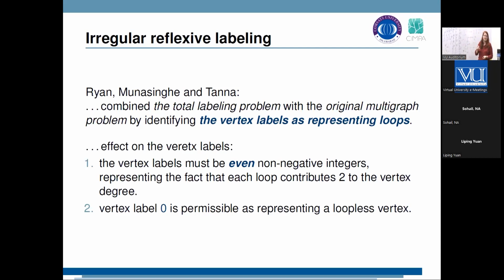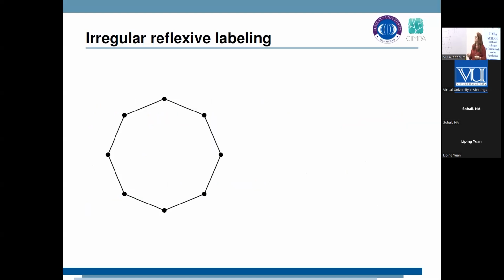So this is the first condition. And the second one is that we allow the number 0 for vertices. What does it mean? That the corresponding vertex does not have a loop. Yeah. So there is no loop.